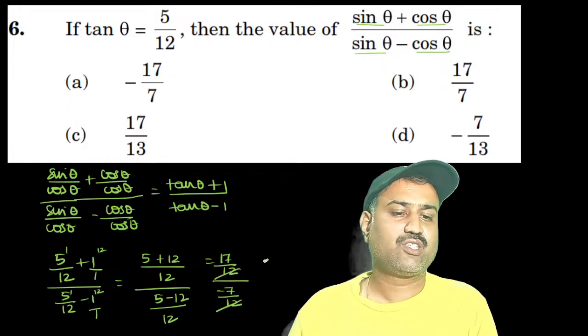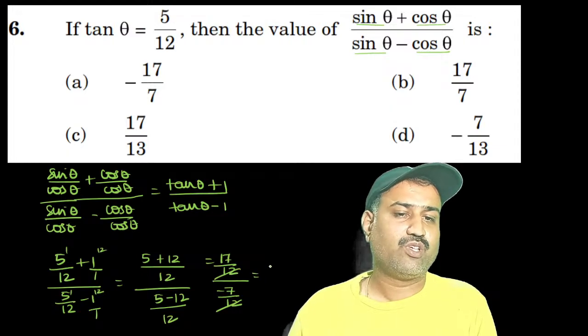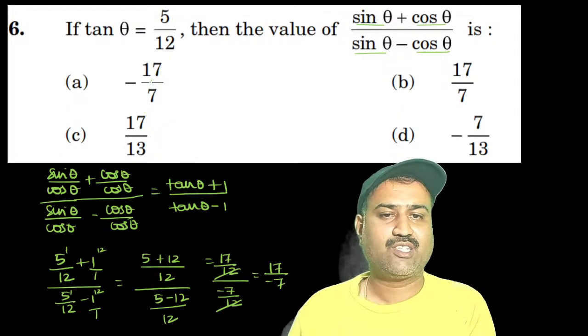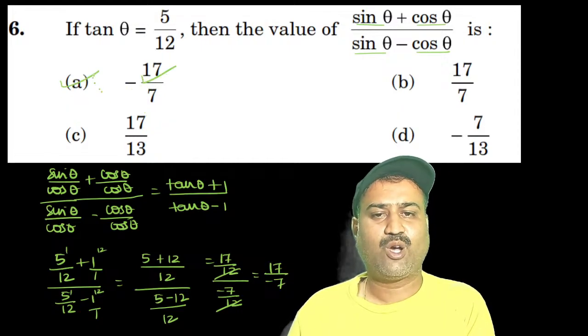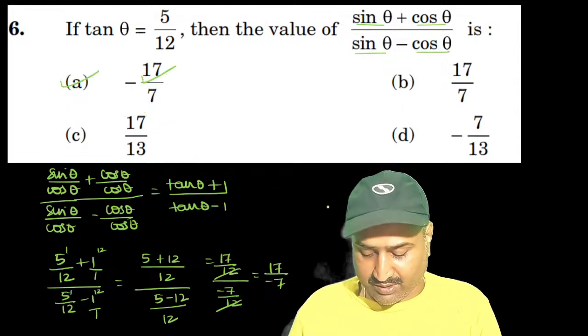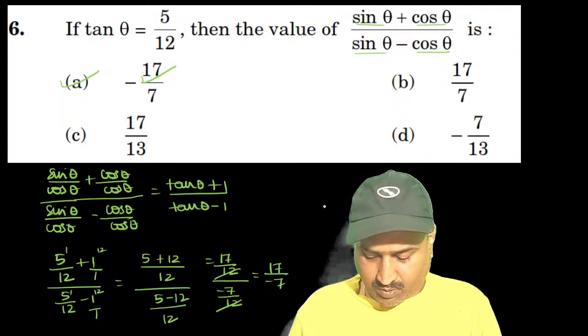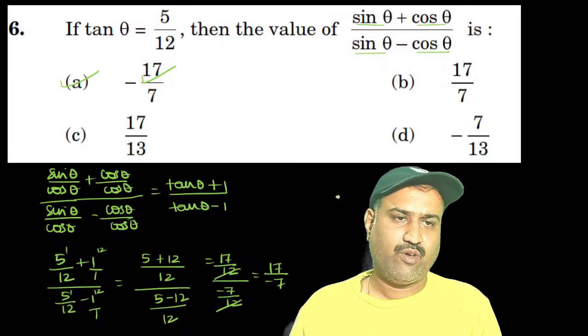Therefore, the solution is 17 by minus 7, or minus 17 by 7. Therefore, it is option A, right? Very easy question again.